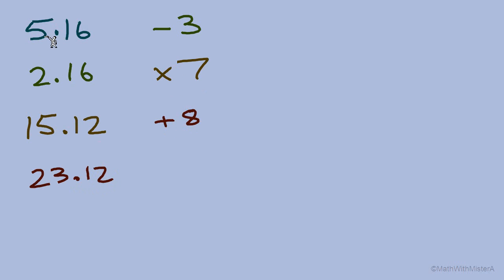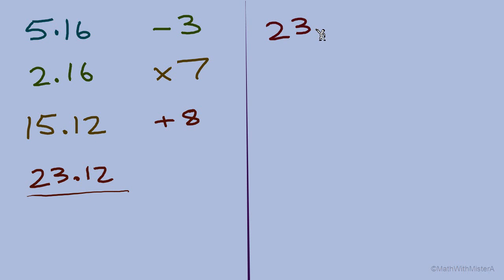So from some starting number, we have a series of operations that leads us to a final result. Understanding how opposite operations work, if we take 23.12 and we undo each of these operations, we'll end back up at 5.16. And the key is that we have to undo them in opposite order from when they happened.